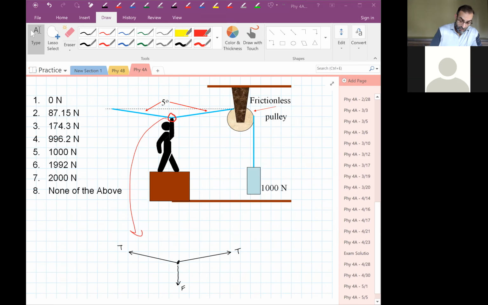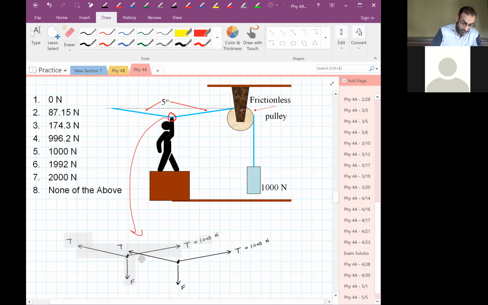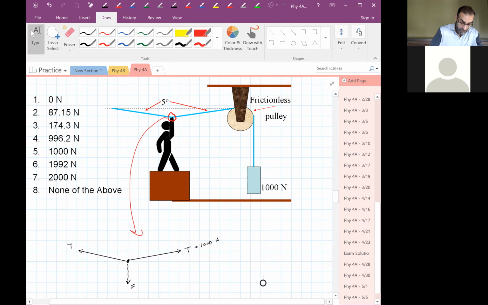So tension in the rope, we know that 1,000. So let's redraw this. I'm going to move it over a little bit. We've got our object, our fist here, whatever that is, right? Fist, knot, pulling force down.